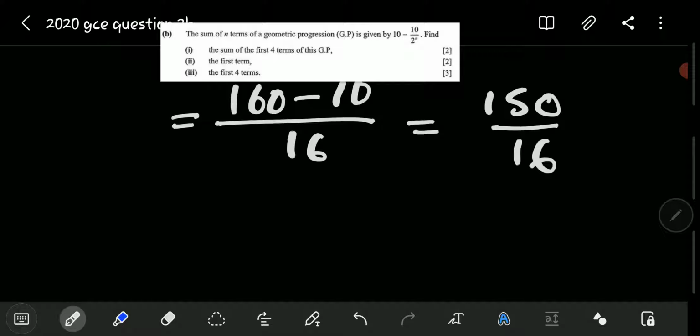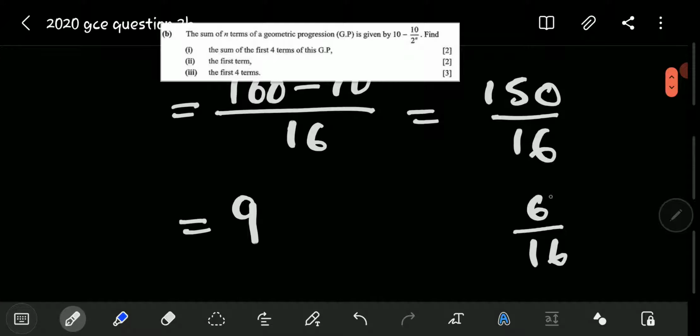Okay, at this point we are advised to leave it in fraction form, but we need to simplify this further. So 16 into 150 goes in there 9 times. Okay, what we remain with is a 6. So it is going to be 6 over 16.